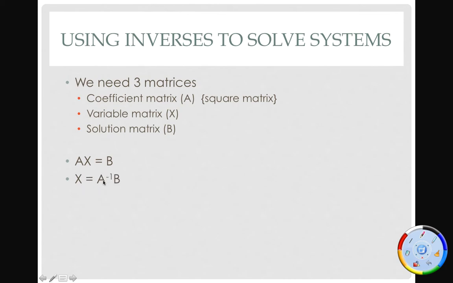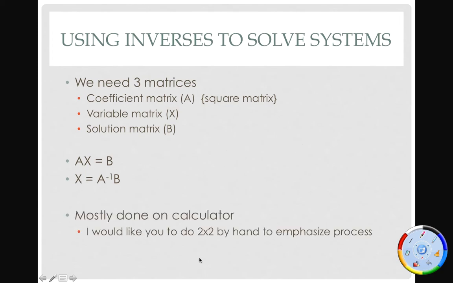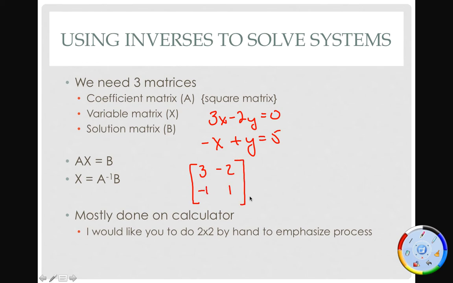Now, if you were to take the inverse of A and multiply it by B, you'll get matrix X. So essentially what I'm saying here, yes, done by calculator, if you were to be given the equations 3x minus 2y equals 0, and negative x plus y equals 5, you could set up a matrix equation by writing the coefficient matrix, multiply it by the matrix x, y, and that's going to equal 0, 5.